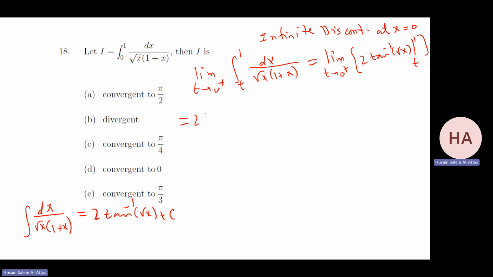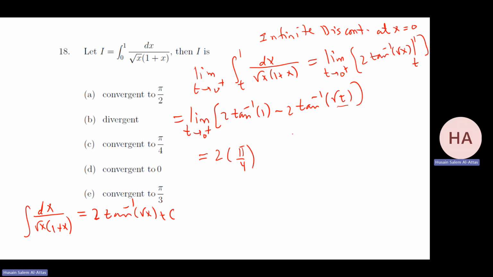That will be the limit of 2 tan inverse of 1 minus 2 tan inverse square root of t. If t goes to 0, I have tan inverse of 0 here. I have 2 pi over 4 minus 2 times 0, and that will be pi over 2. So it converges to that.